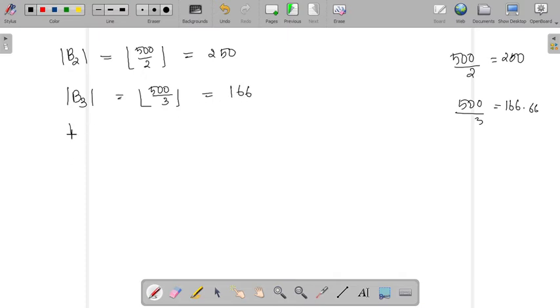Then B5 will be the integer function of 500 by 5, which is equal to 100.